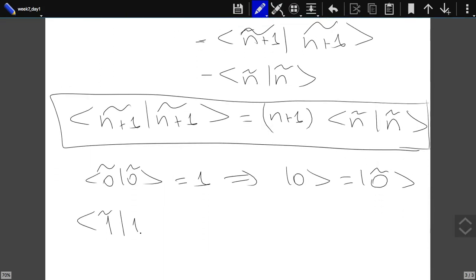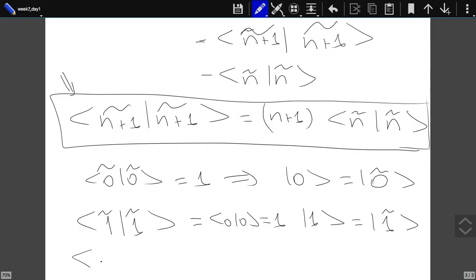So I choose my ground state to be properly normalized. The 1 tilde state is just, look at this relation we have derived. Instead of n, I can choose 0. If n is 0, this is nothing but ⟨0|0⟩, which is 1. So the 1 state is just also the 1 tilde state. They are also properly normalized. Let me look at the normalization of the second state.